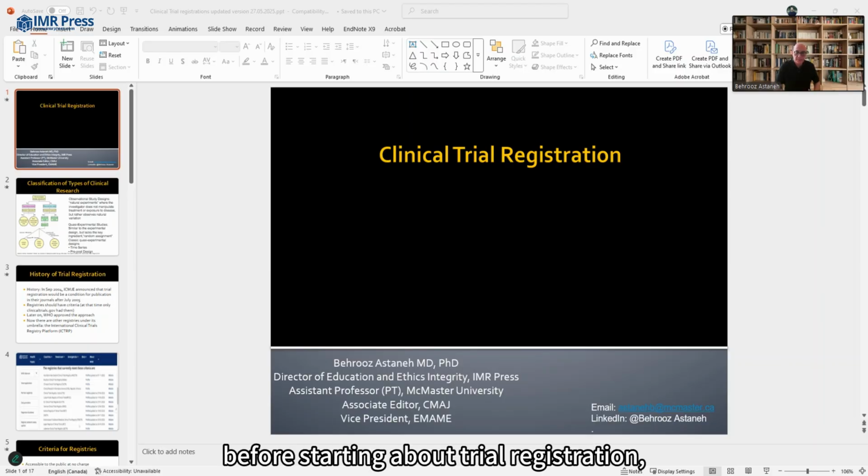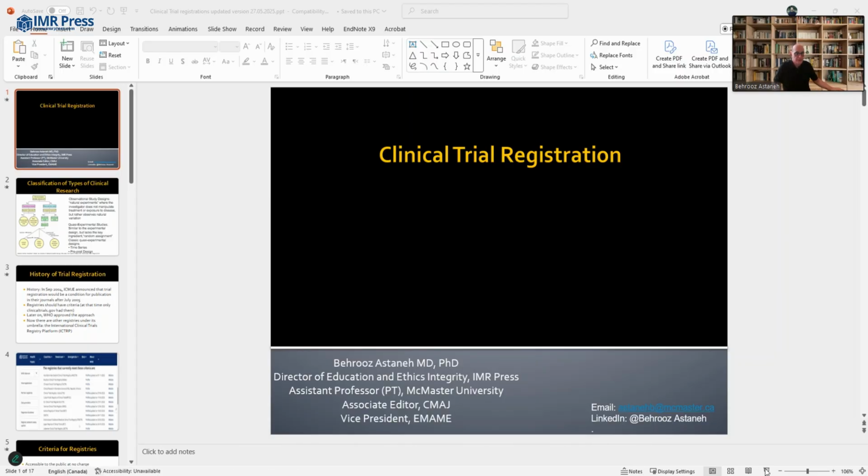However, before starting about trial registration, let's take a look at the classification of different types of clinical research.